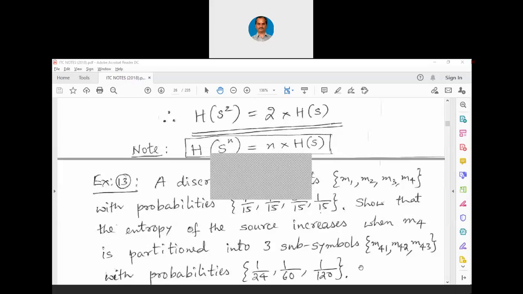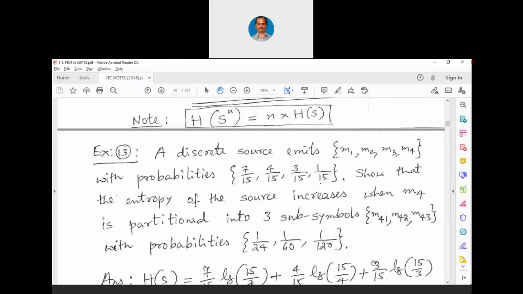The reason is that M4 is represented by means of 3 subsymbols. So if we split a symbol into subsymbols, naturally the information content is going to be more, so entropy is going to increase. There we told as one of the properties that entropy will not get reduced, but entropy will not remain equal to the previous entropy also. Entropy will get increased. That we will see in this exercise.